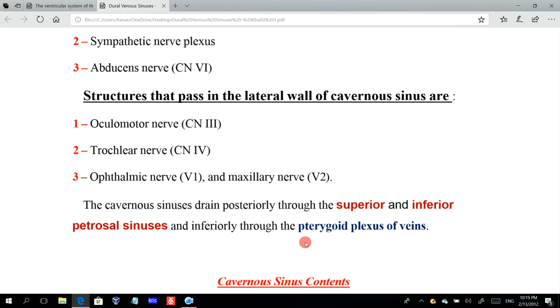This is a very serious condition and may lead to what is called cavernous sinus thrombosis. From the infection reaching the cavernous sinus, the blood will become thrombosed, and this has many serious sequelae if not treated early, so the infection should be controlled early.